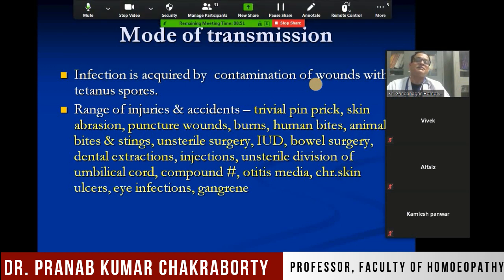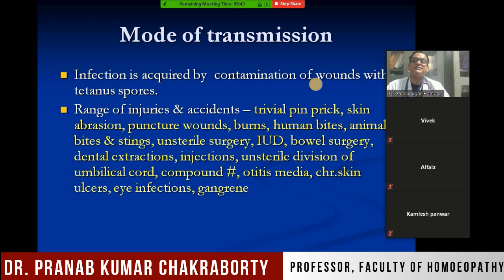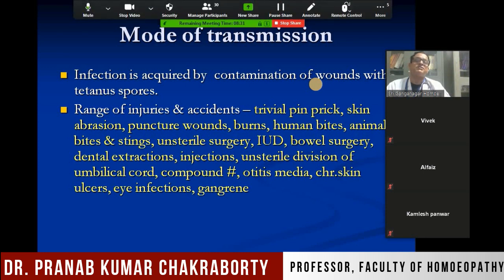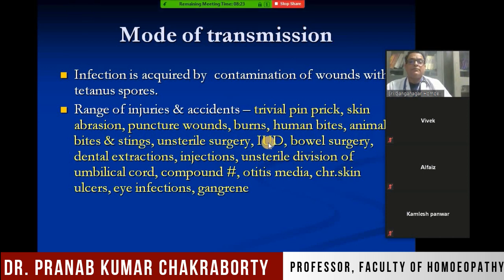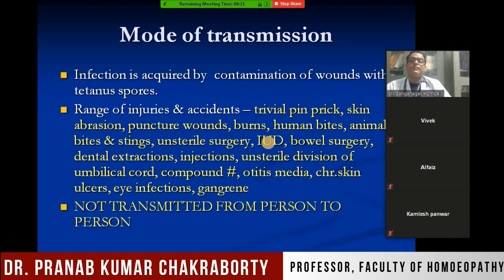Intrauterine devices, bowel surgery, dental extraction, injections, unsterile deliveries, umbilical cord, compound fracture, otitis media, chronic skin ulcer, eye infection, gangrene. These are the injuries where this transmission happens. It is not transmitted from person to person.